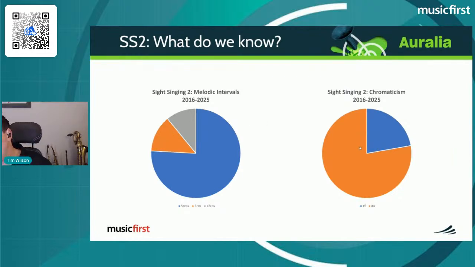In terms of chromatic notes, again, this can inform how we practice leading up to the exam. Over the last 10 years, over 3/4 of the melodies have included a raised 4th scale degree, with only a couple, less than a quarter, using a raised scale degree 5.